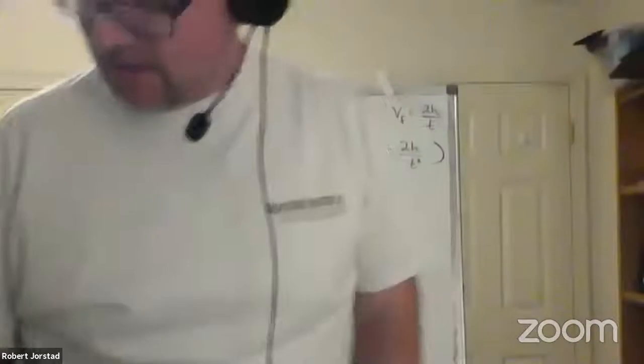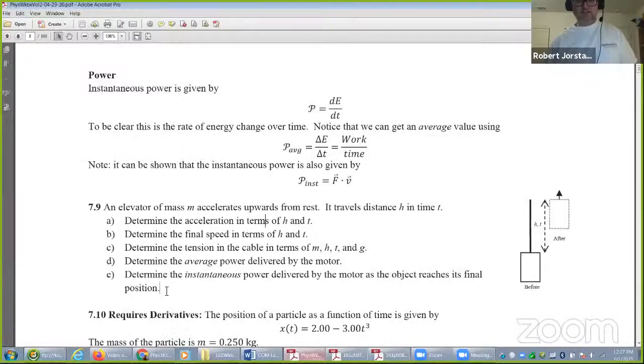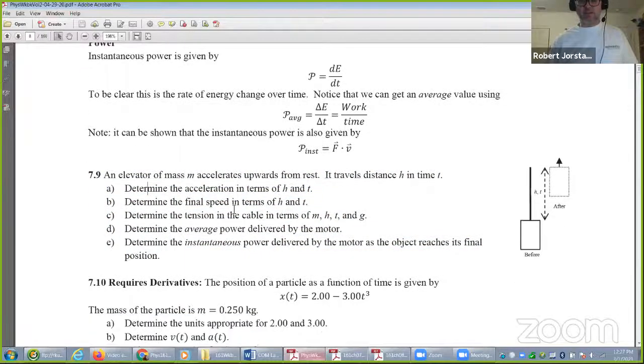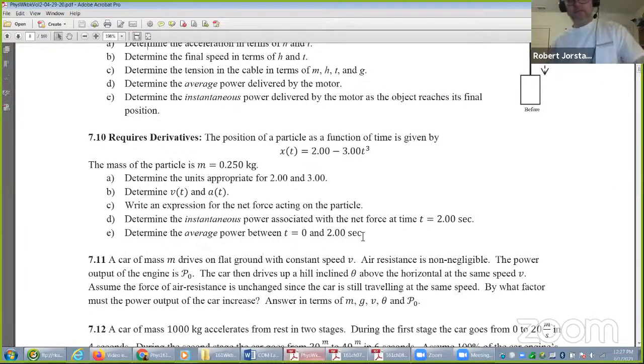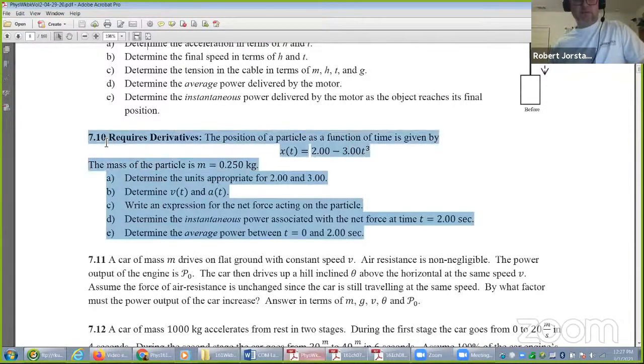And then maybe right now, let's go on to 7.10 just to briefly discuss it. So that was pretty much that problem. That was just kind of getting you used to the units and some of the idiosyncrasies associated with these types of problems. All right. So it turns out this problem at first looks ridiculous.